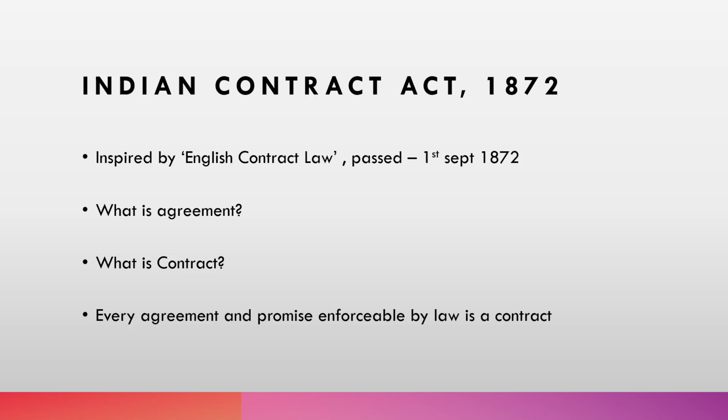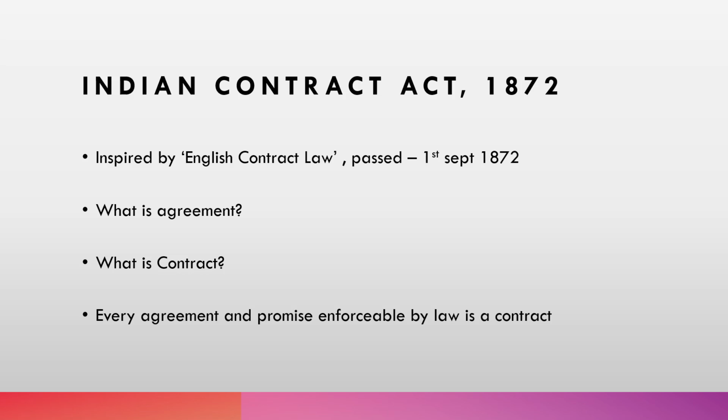Contract is a mutual assent by two or more persons to one another, and it is made through some offer and some acceptance. That means someone promises to another person to do something, and in return that other person is going to do something for the first person.